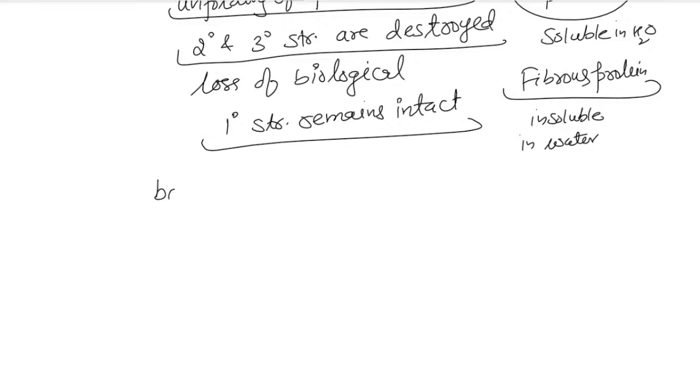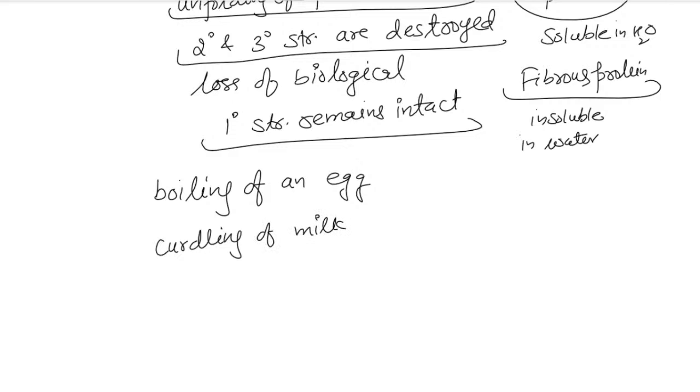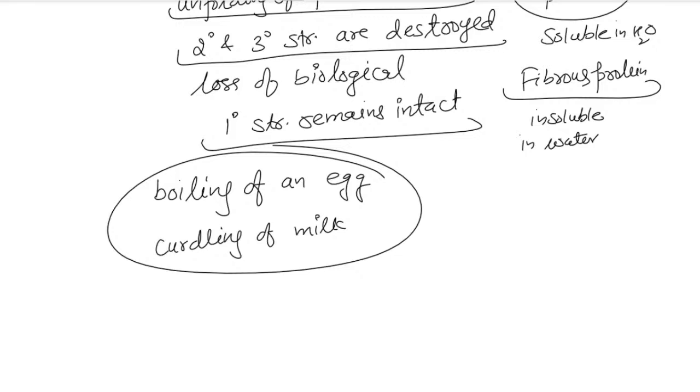So boiling of an egg and curdling of milk are examples of denaturation of proteins. Any doubt up to this? If anyone has a doubt, ask. You have to write as much theory as I am speaking, okay?